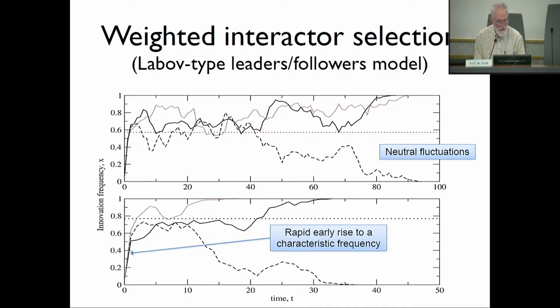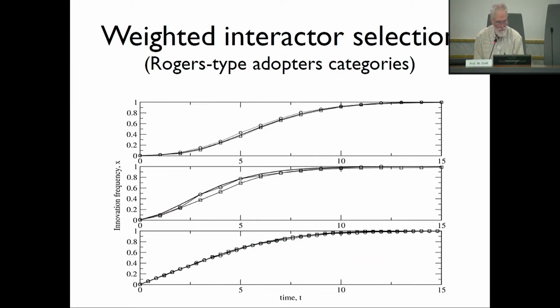You can also get an early rise to a characteristic frequency, but you don't really get an S curve. You get something that looks more like the R curve that I mentioned before, with rapid rise and then slowing down. So there's a way to do this that I came up with and made it work, which is a very strict, what I call the choo-choo train model. The leaders start the innovation, the early adopters listen only to the leaders and then adopt their innovation.